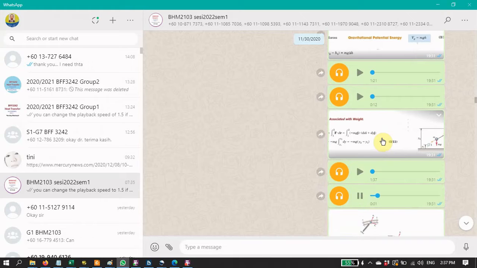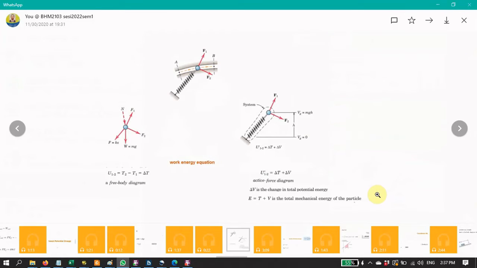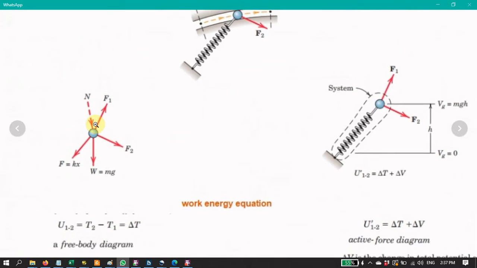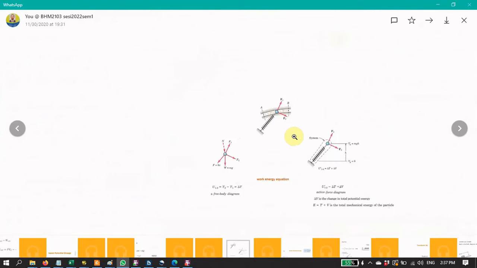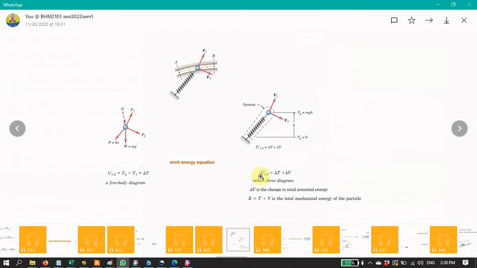There are two ways to solve dynamics problems using the energy balance or work-energy equation. The first one uses a free body diagram, and the other uses the active body diagram. If you look at the diagram, we have the physical situation of the problem.